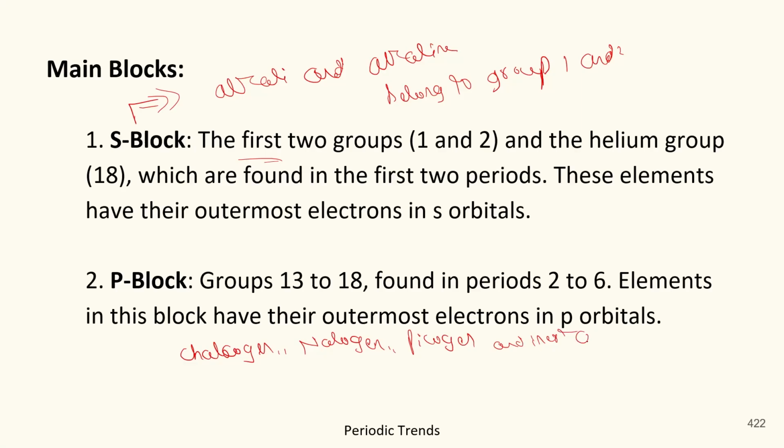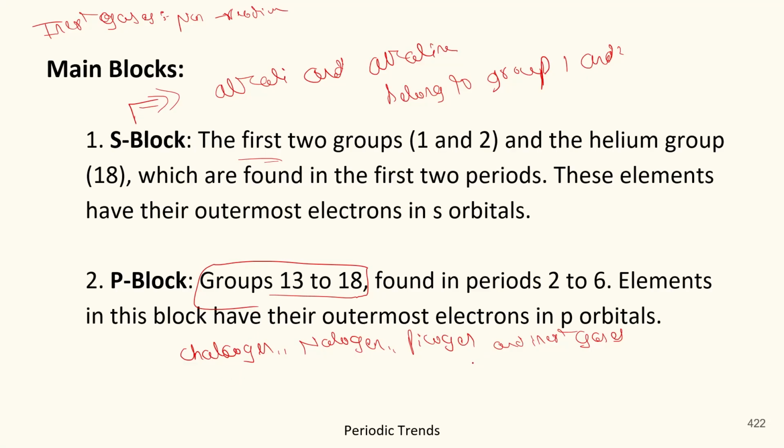And these elements belong to group 13 to 18. Inert gases basically means non-reactive. Okay, so S blocks basically alkali and alkaline elements which belong to group 1 and 2. P block basically contains chalcogen, halogen, picogen and inert gases.